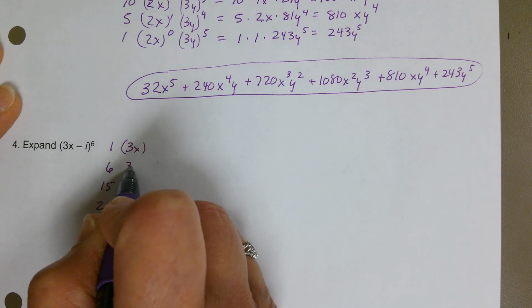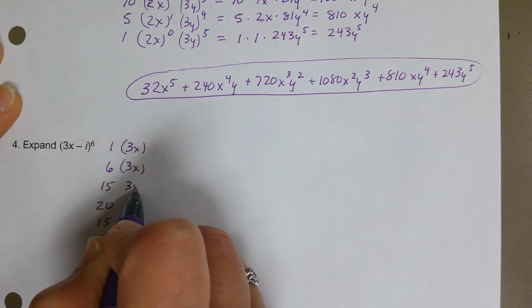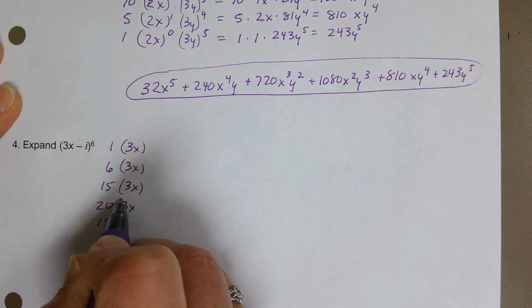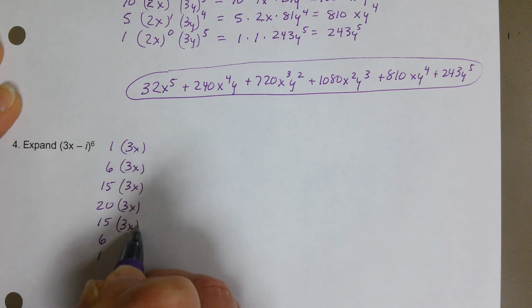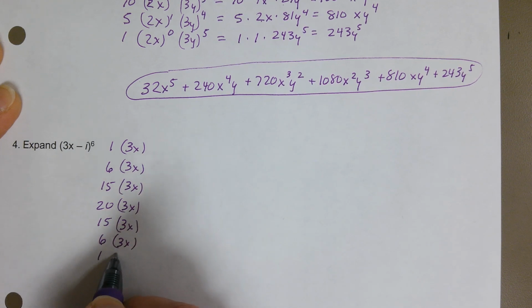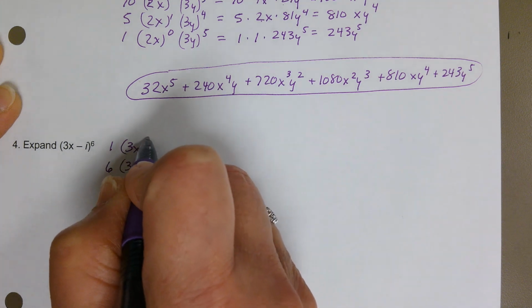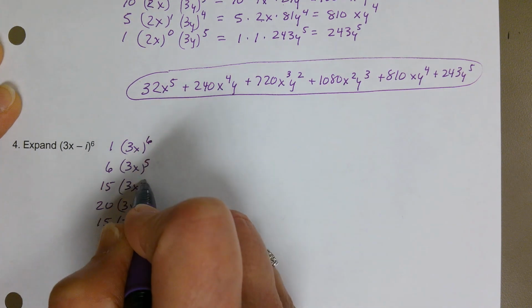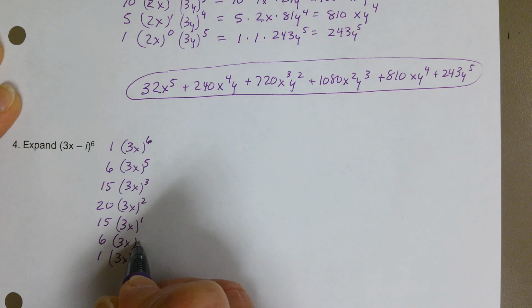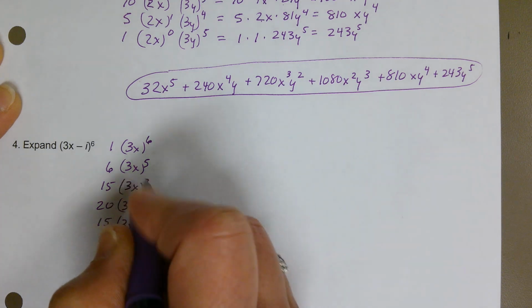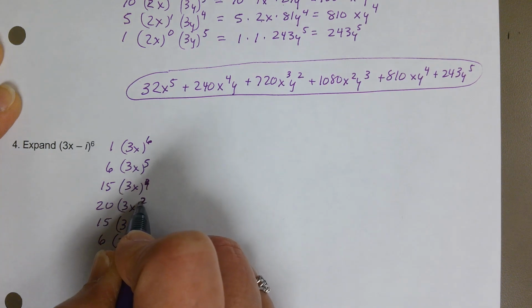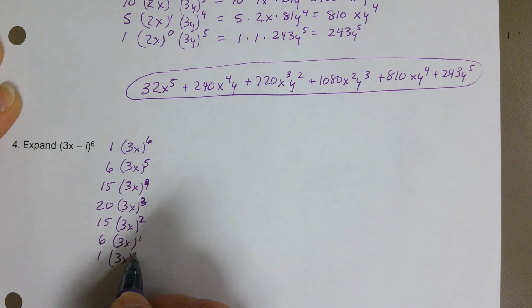3x. Start exponent 6, 5, 3, 2, 1. Whoops, missed one. 5, 4, 3, 2, 1, 0.